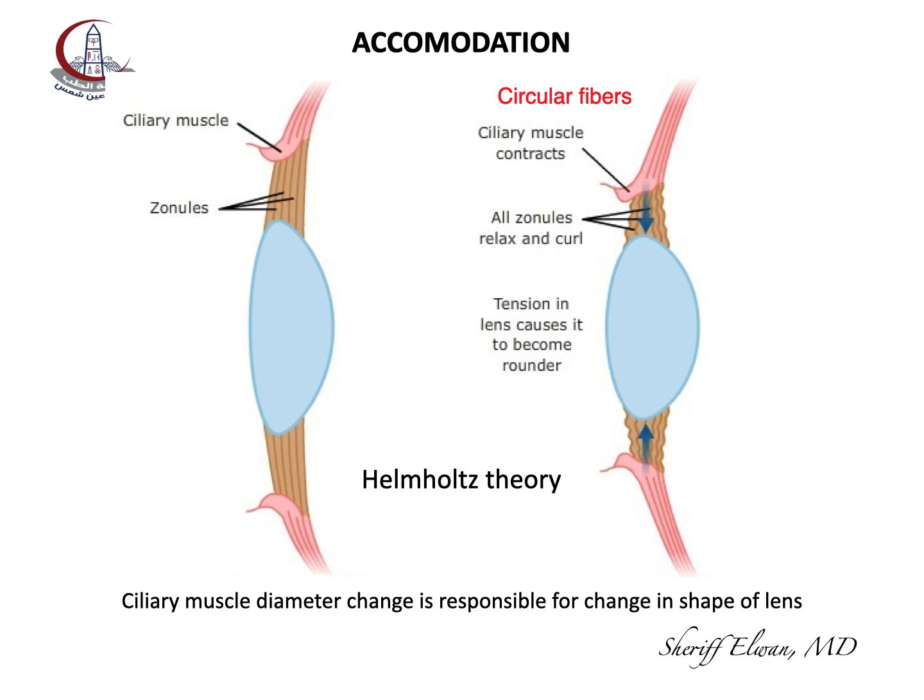Elastic means it's under tension by the zonule when the ciliary muscle is at rest. Once the ciliary muscle contracts, the ciliary ring becomes smaller and the zonule relaxes and curls, and the tension in the lens capsule is relieved and it becomes therefore rounder, increasing its thickness and its optical power.